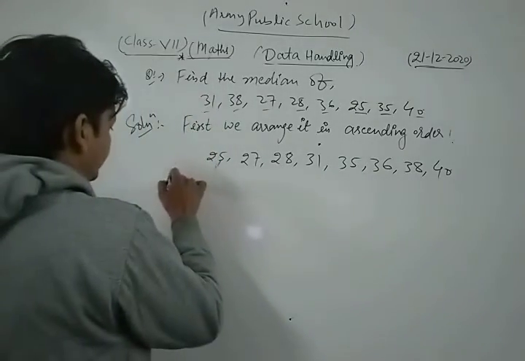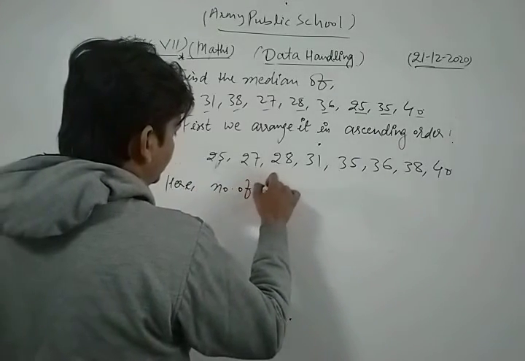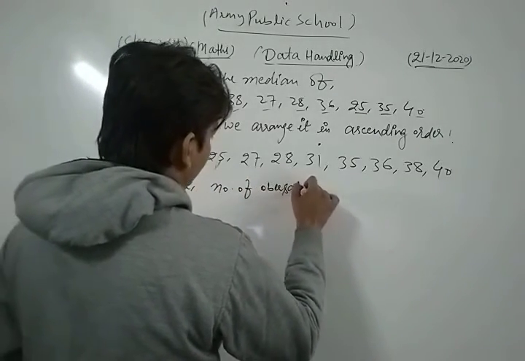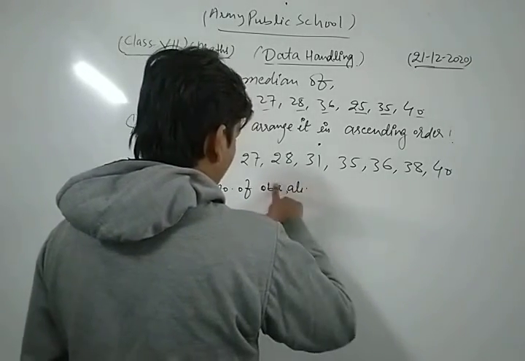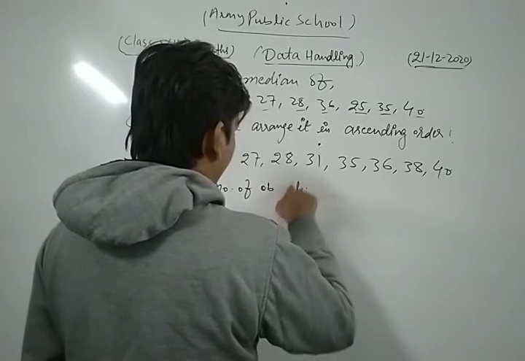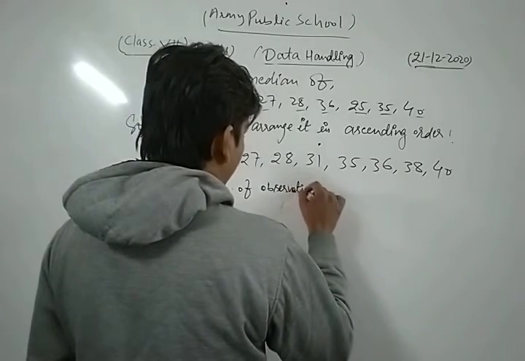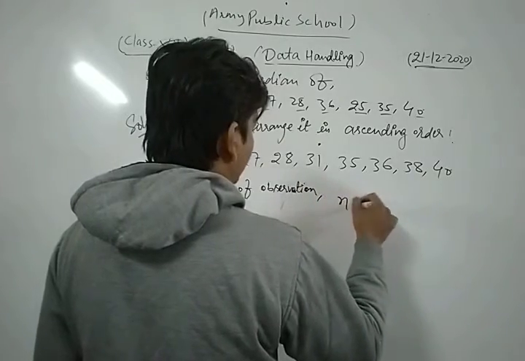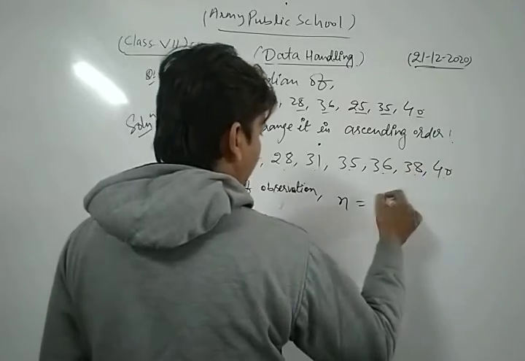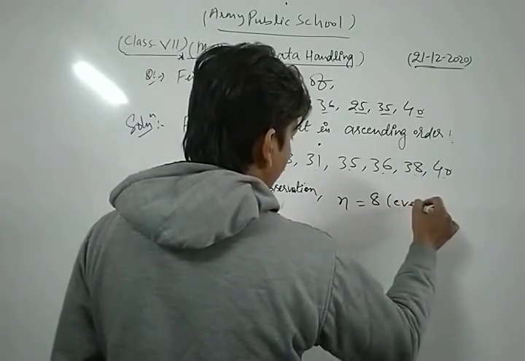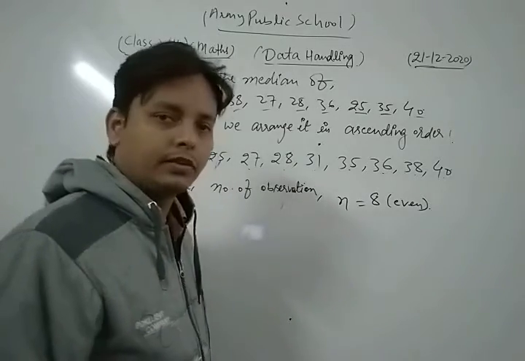Here the number of observations n is 1, 2, 3, 4, 5, 6, 7, 8. This is even, so here we apply the case of even.